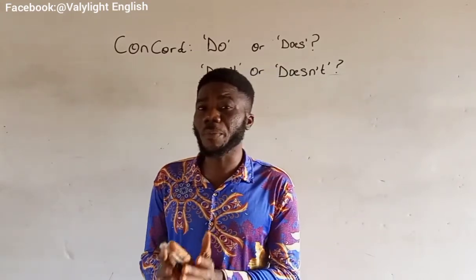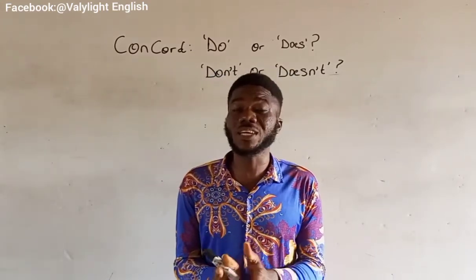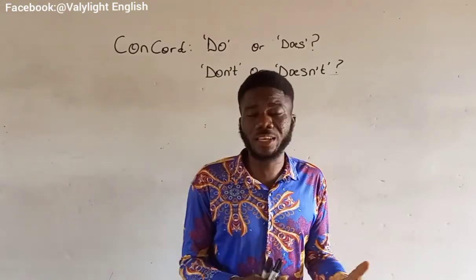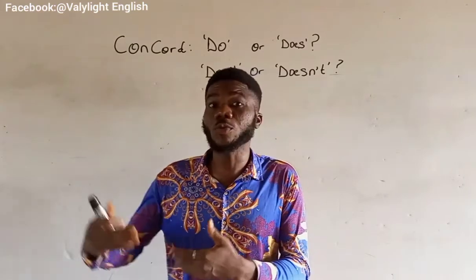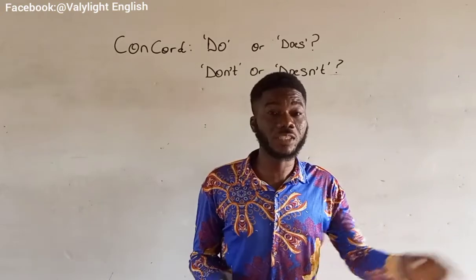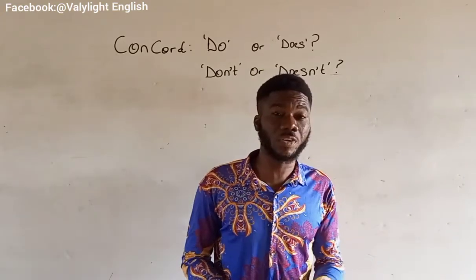Then also remember that when you talk about singular for the verbs, you add s to them. It is not like in the case of nouns where you add s to form their plurals. In the case of verbs, you add s to form the singular forms of verbs.